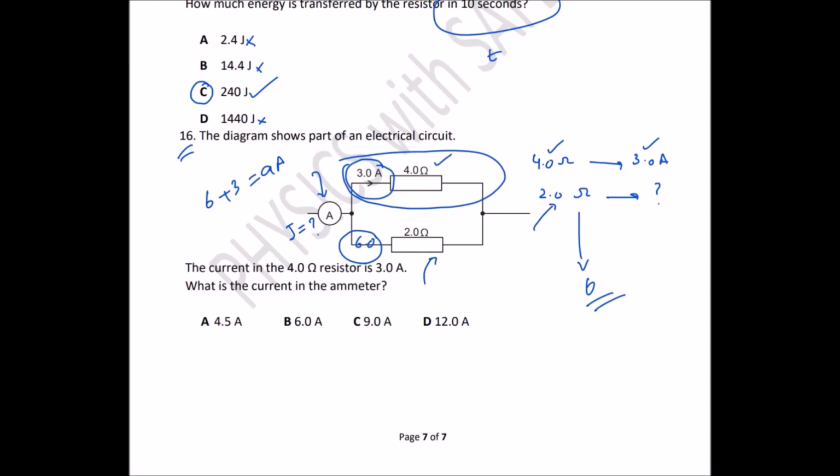So 9 amperes current flows through the ammeter, then reaches this point and divides into two parts, like 3 and 6. So look at the options. A 4.5, cross this one. B 6.0, not correct. C 9.0, right option. D 12, cross this one. C is the right answer here.